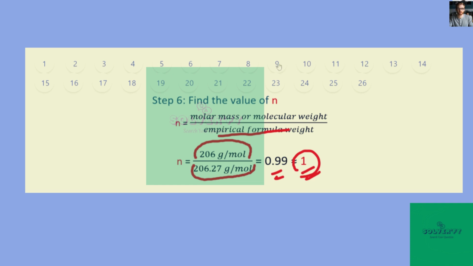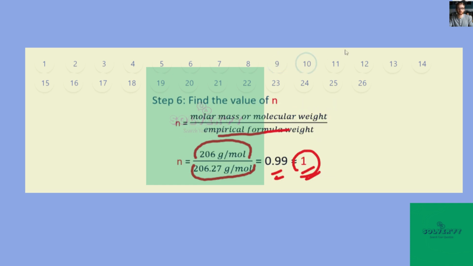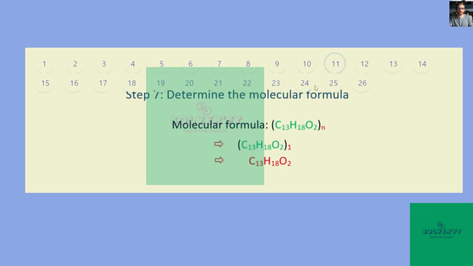That means now we will find the molecular formula, and we simply replace the value of n here. Since the value of n is 1, the molecular formula is the same as the empirical formula for this substance.